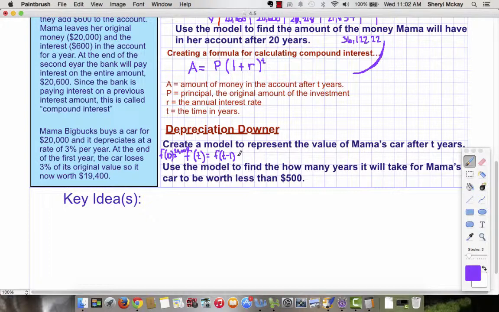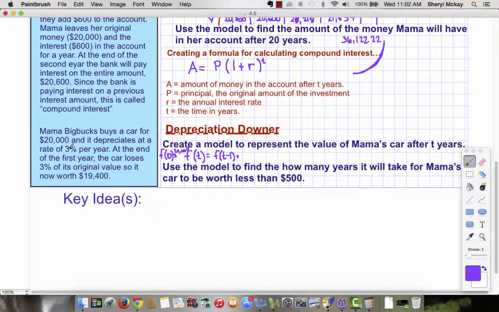And we're going to multiply it times a value. Well, if we multiply it by 3%, then that's basically saying that the car is only worth 3% of the previous year. But the car isn't worth 3%. It's actually worth 97% of the previous year, isn't it?